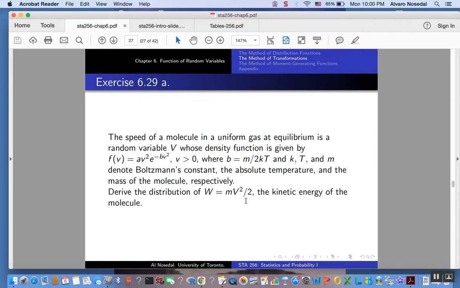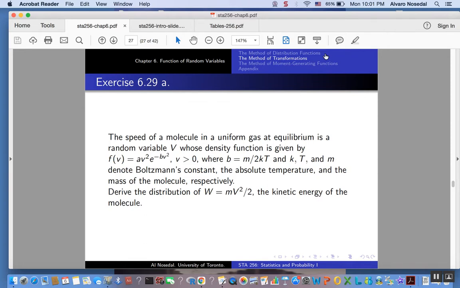Since we want to apply the method of transformations, let's try and remember what we have to take into account. If you recall from another video where we mentioned this method of transformations and its relationship with the method of distribution functions, what we said is that the method of transformations is a particular case of the method of distribution functions.